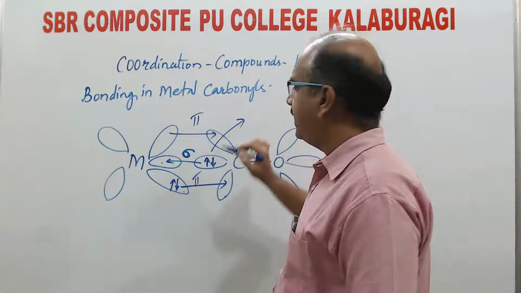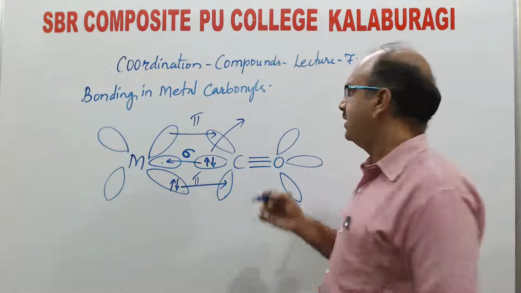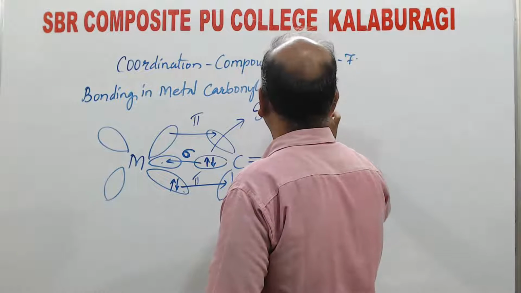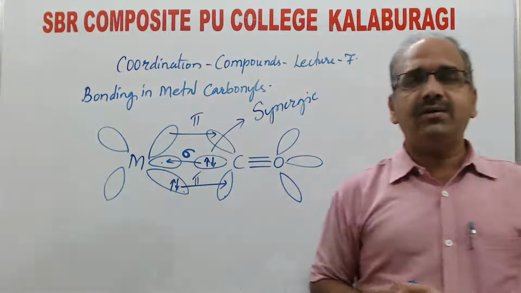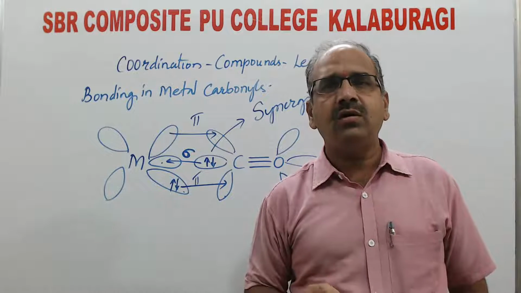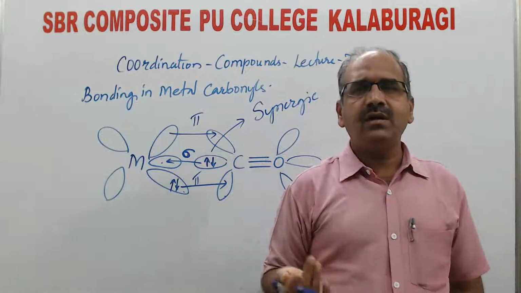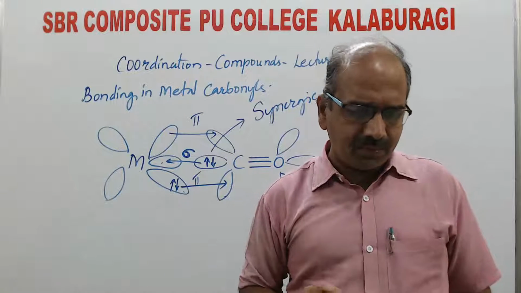Because both are donating and sharing their extra electrons with the other, such a bond we call synergic, cooperative bonding. Metal donates into the empty orbitals of the carbonyl, and carbon donates into the empty orbitals of the metal.